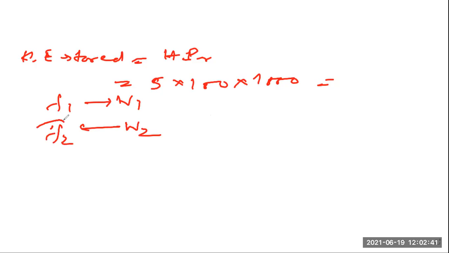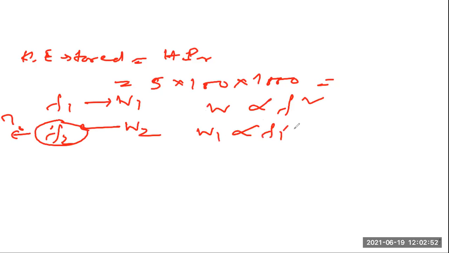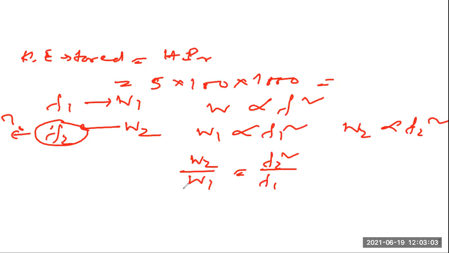We need to calculate this F2. We don't know this value, but we know the formula: W is proportional to F square. So W1 is proportional to F1 square and W2 is proportional to F2 square. So W2 by W1 equals F2 square by F1 square.